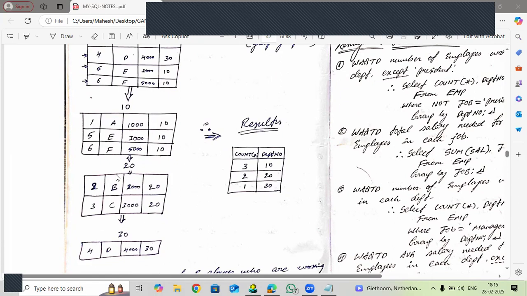With respect to this example, the number of employees in department number 10 is 3, in department number 20 is 2, and in department number 30 is 1. Department number 10, 3 people: 1, 2, 3. Department number 20, 2 people. Department number 30, only 1.